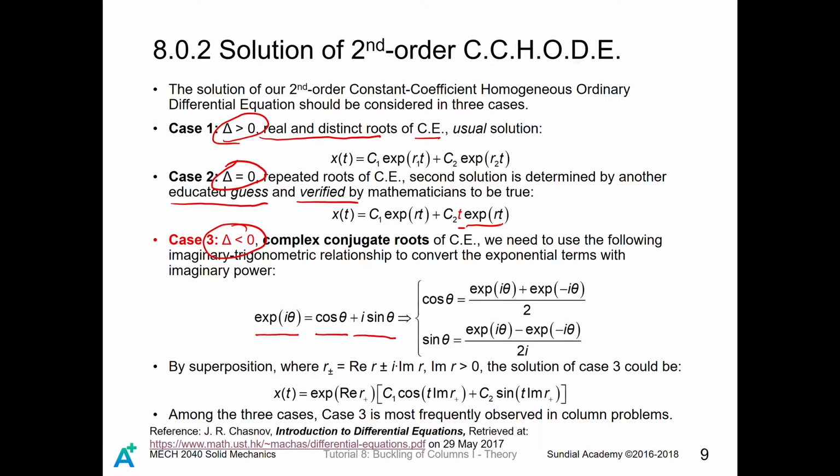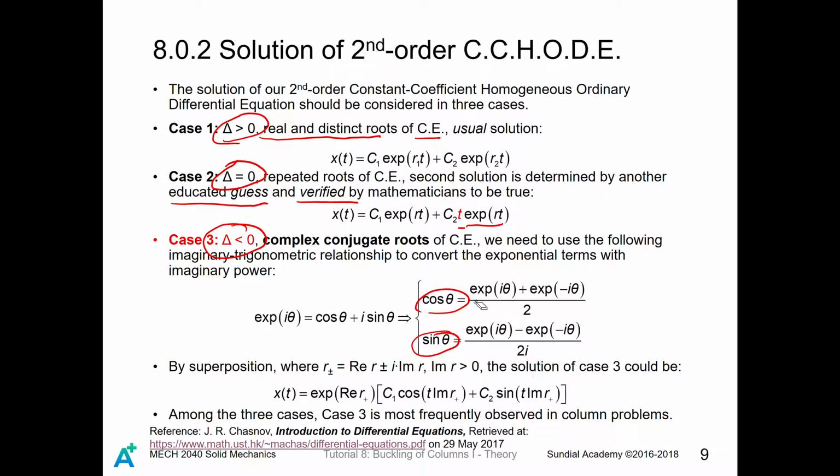For this equation, you may want to check Chresnov's textbook. Basically, from this equation we can write cosine theta equals something like this, and sine theta equals something like this.